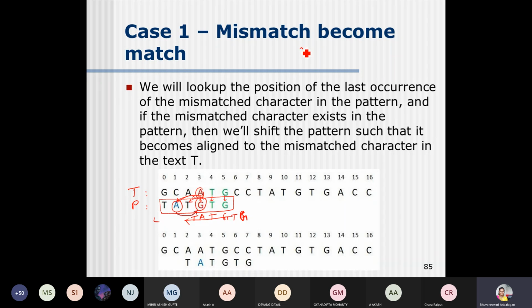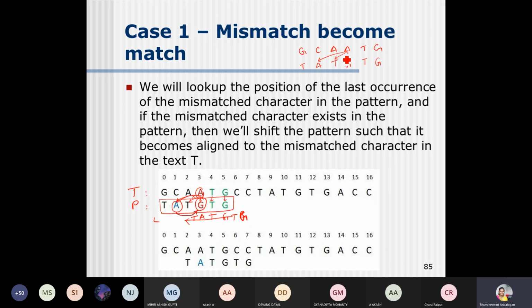So I will have G, C, A, T, G. G and G is not matched, T and T is matched, G is not matched. So I will check whether this match is there. No. Whether this match is there, yes, there is a match available here.